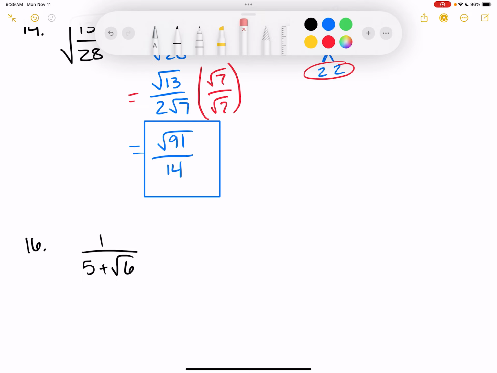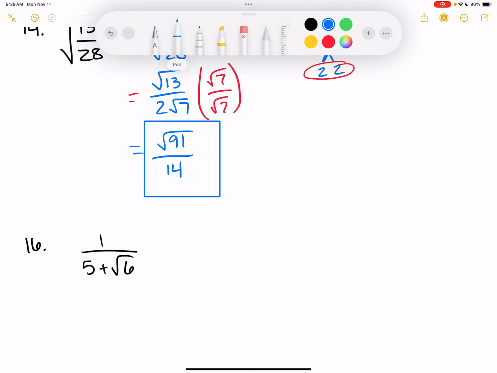I'll write this down just to show you. This would give me the square root of 6 over 5 root 6 plus 6. What's the problem? You still have a radical. I still have a radical. So, get rid of all that because that's false information.